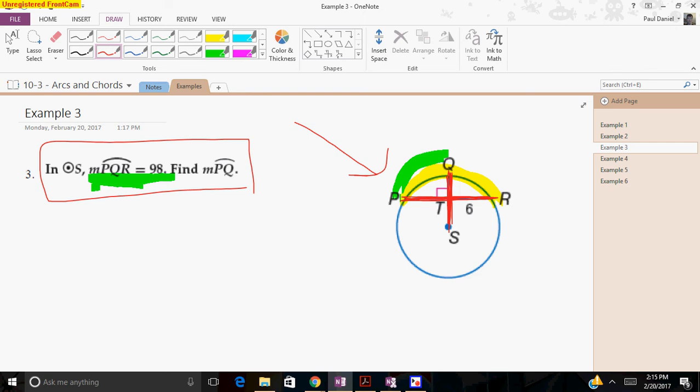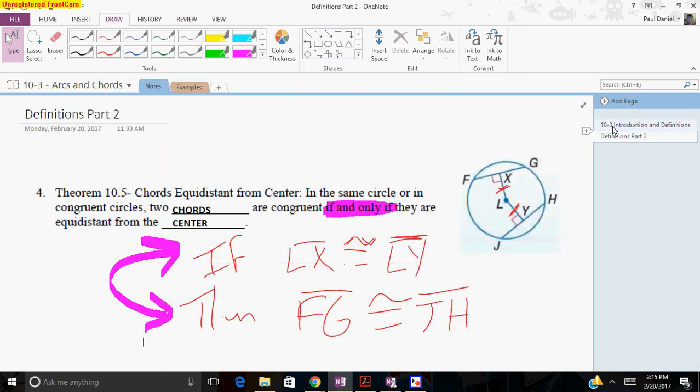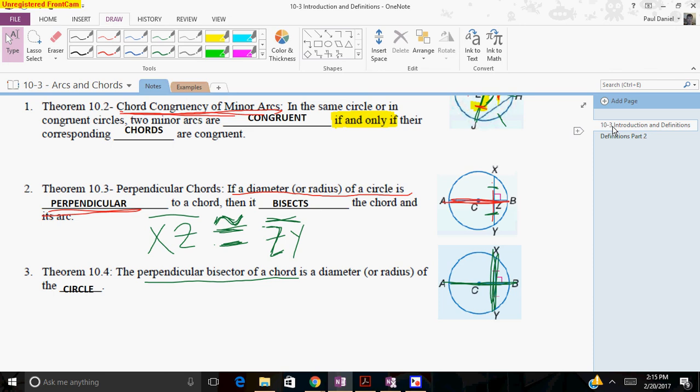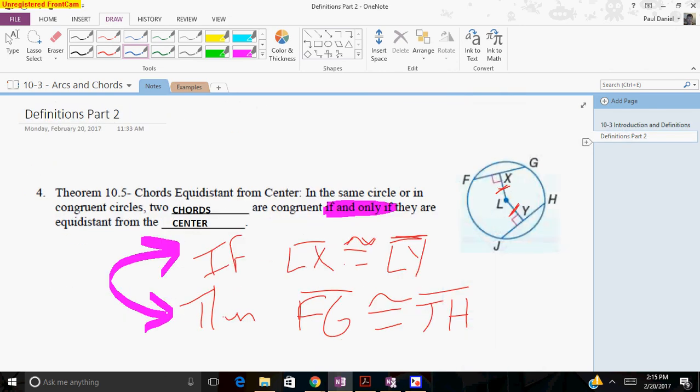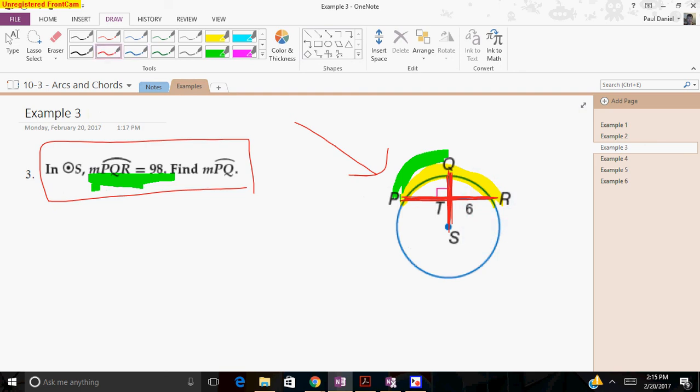We learned a little while ago that if we have something that runs perpendicular, then it bisects the chord and it bisects the arc. So if our diameter or radius is perpendicular to the chord, then it bisects both the chord and the arc. That means both PT and TR are the same, and it also means that PQ and QR are the same.